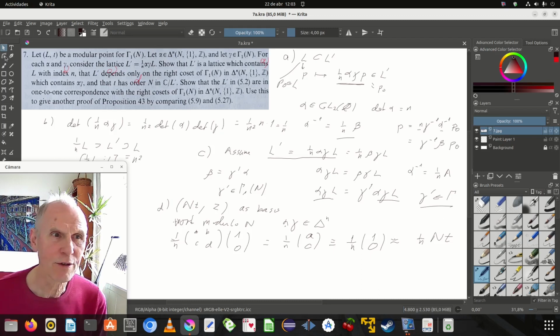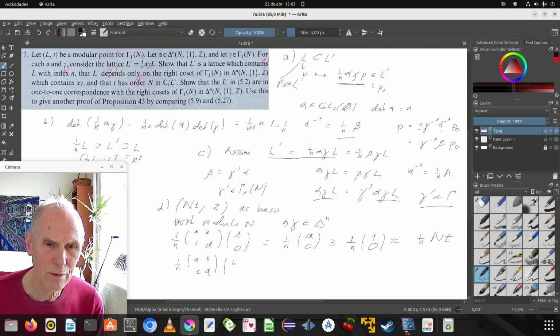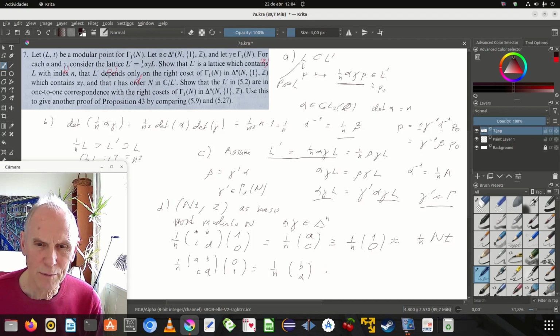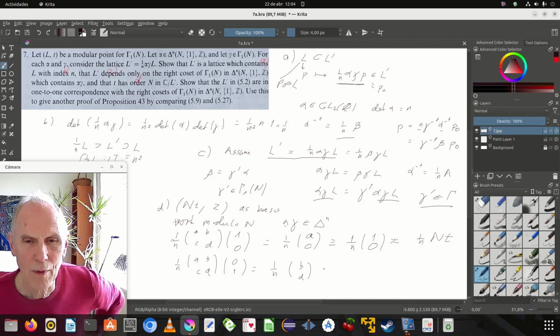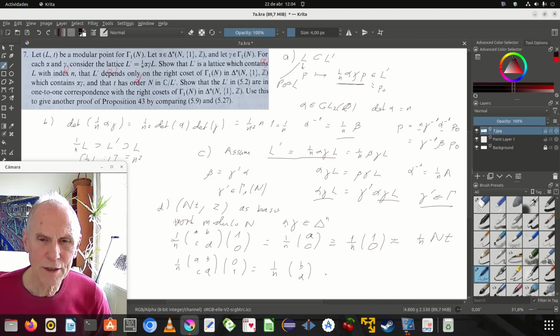The basis here, so let's just compute the one of the other. That's B, D. And B, we don't know, D is equivalent to 1.